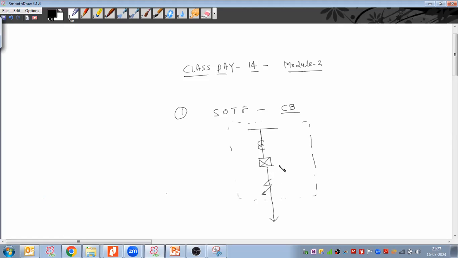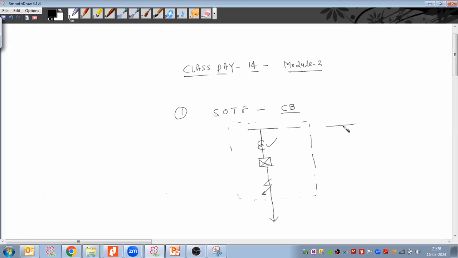Now if any fault happens and the breaker is open, then the fault has not been detected by that particular CT. After closing only, it will detect that fault. So SOTF will fail to trip that breaker.